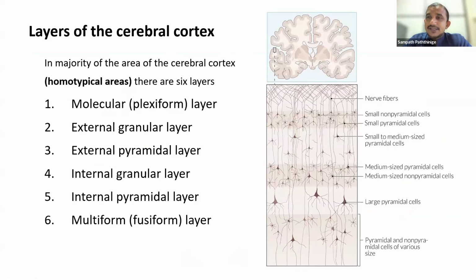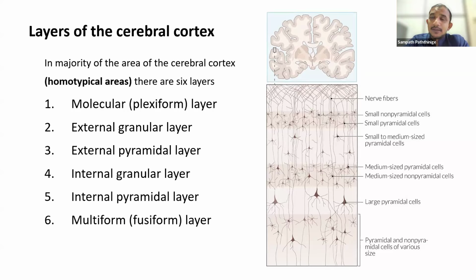Of these 6 layers, the third and fifth are the pyramidal layers, where the motor things begin, and the second and fourth are the granular layers. Depending on the function of the cerebral cortex, these layers have different thickness and neuron density. That is how the cortex is arranged to control different functions.